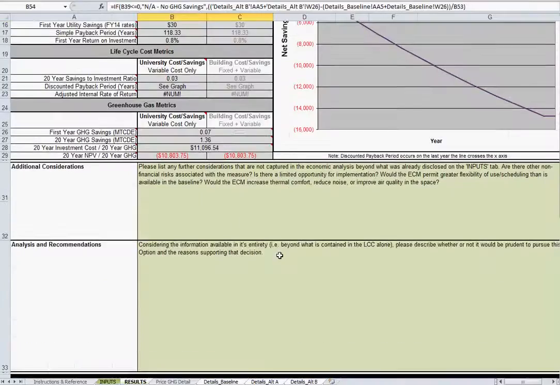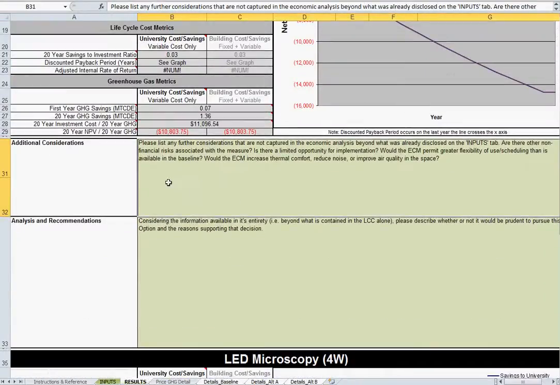And then on the results side, we have places to say, a lot of times there are reasons you would pursue something that wouldn't necessarily be reflected in these above figures. So, maybe this measure provides increased thermal comfort for the occupants. Maybe it results in higher productivity of workers. Maybe it's better indoor air quality.